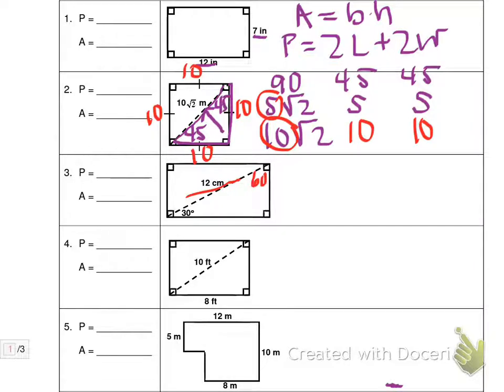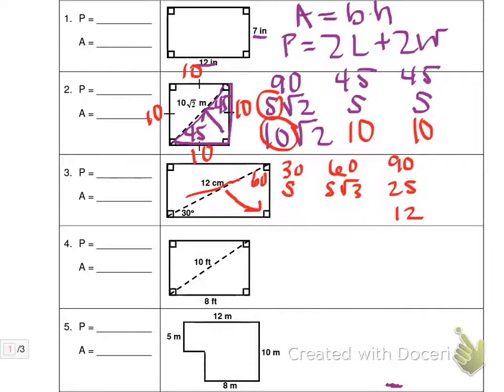Then I do my triangle 30, 60, 90. For my 30, 60, 90 triangle, 30 is S, 60 is S square root of 3, and 90 is 2S. So if I draw my angle across from 12, it goes to 90. So 90, 2S is 12.